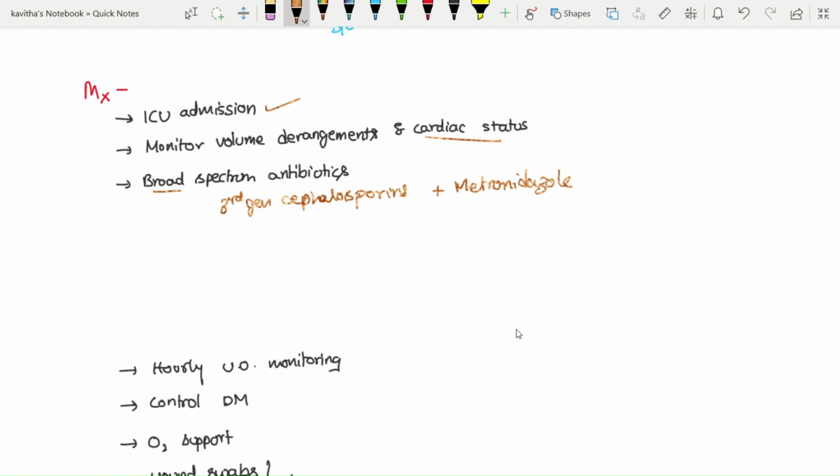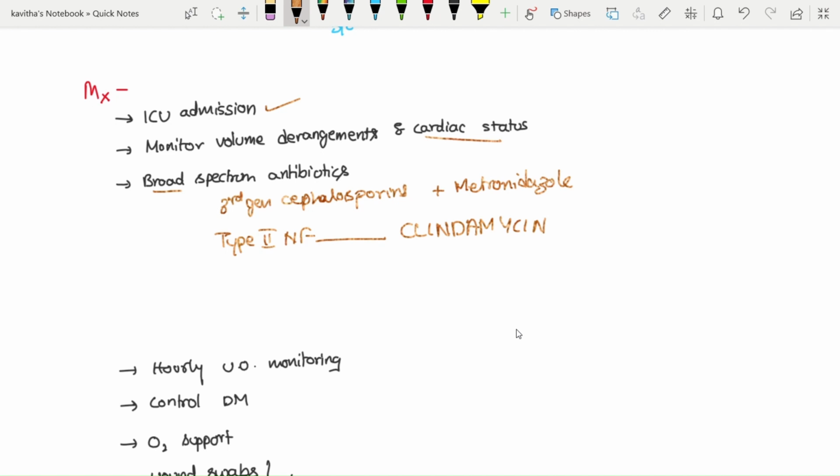Okay, if it is a type 2 necrotizing fasciitis, that is monomicrobial or beta hemolytic streptococcus group, then you should also give clindamycin, because it is a potent suppressor of bacterial toxin synthesis.